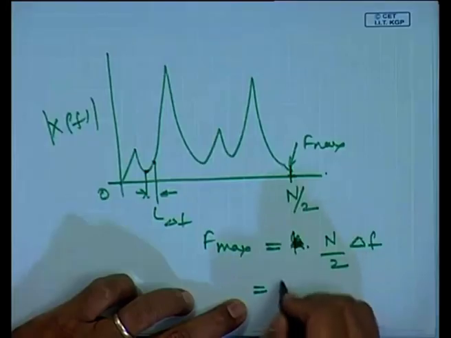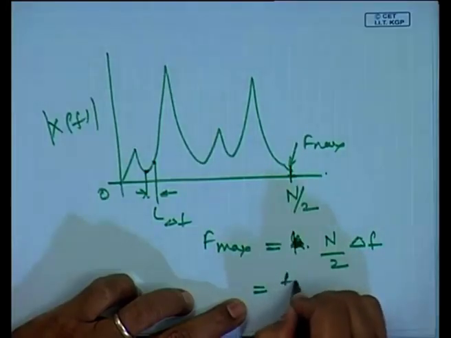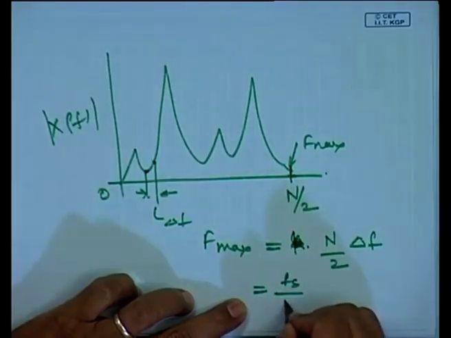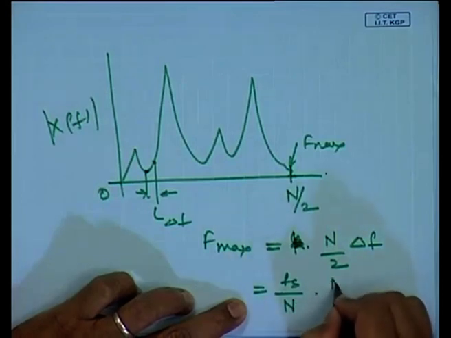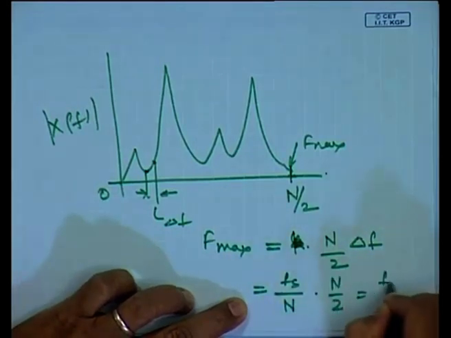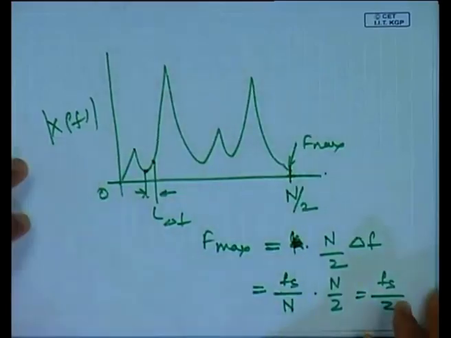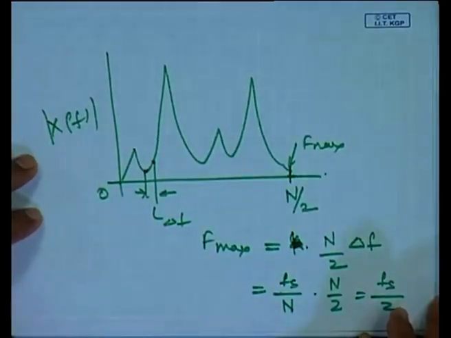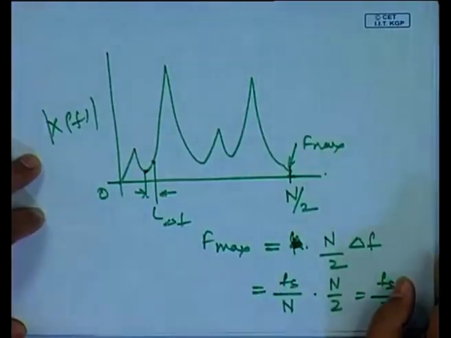Now, delta f is nothing but f s by n, times n by 2, that is equal to f s by 2. So, given a sampling frequency, I can very well obtain almost half of it.